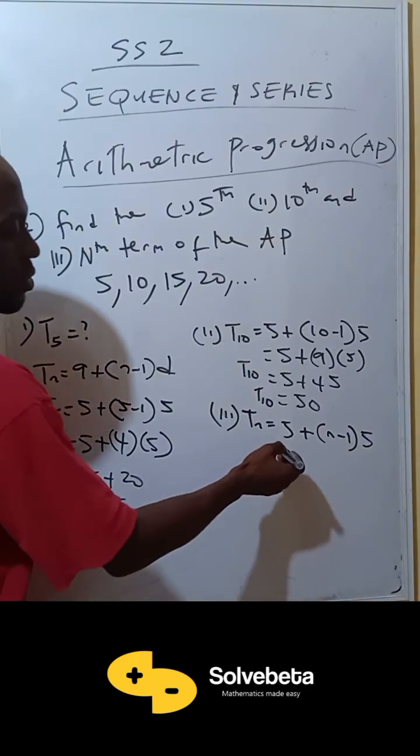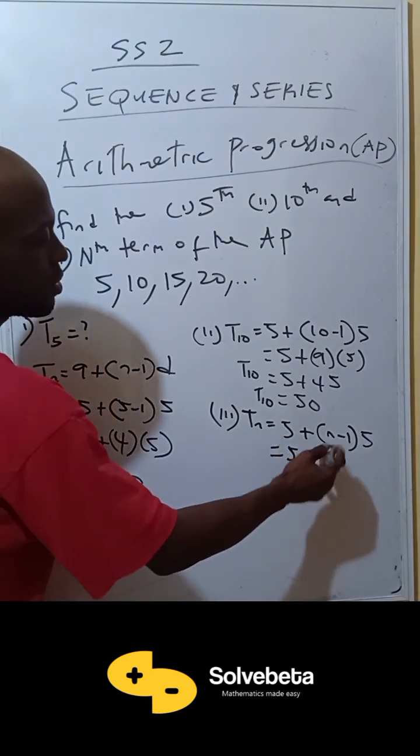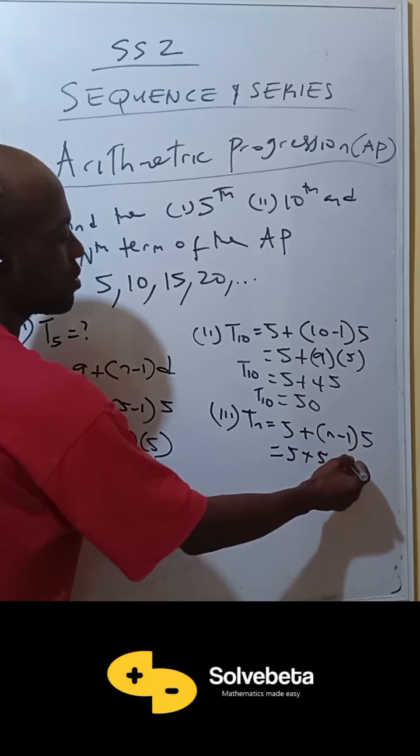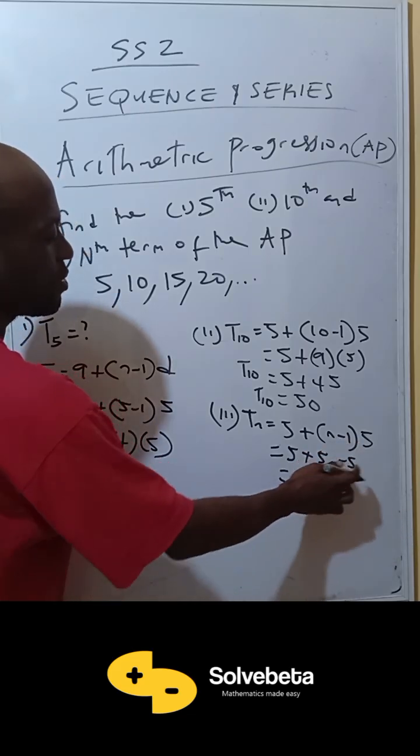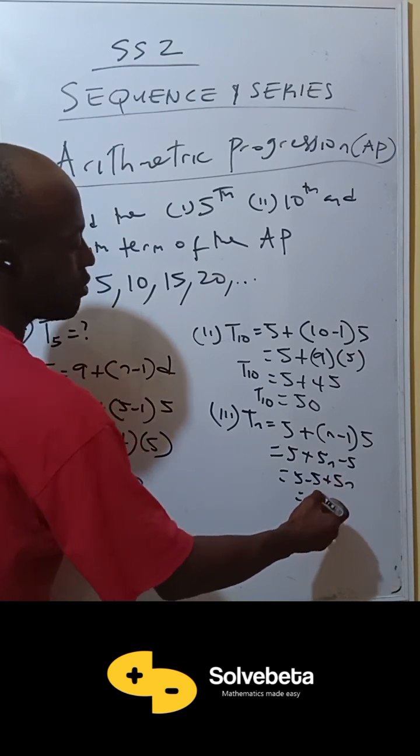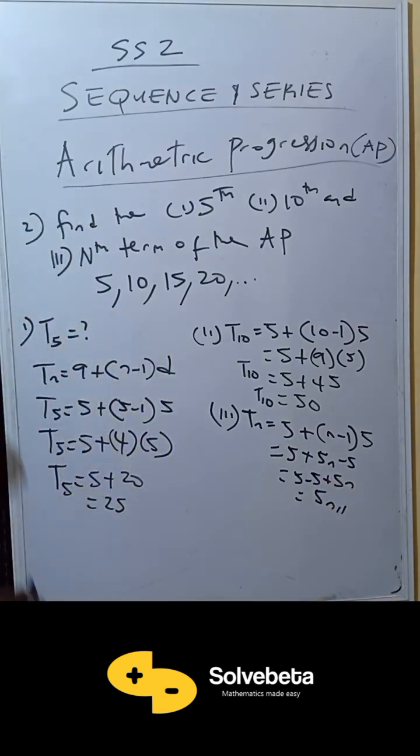Then let's solve for that. 5 plus 5 times n, 5n, minus 1 times 5, minus 5. So you have 5 minus 5 plus 5n, which is 5n. The nth term is 5n.